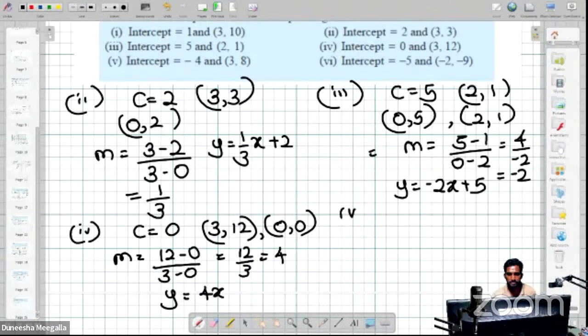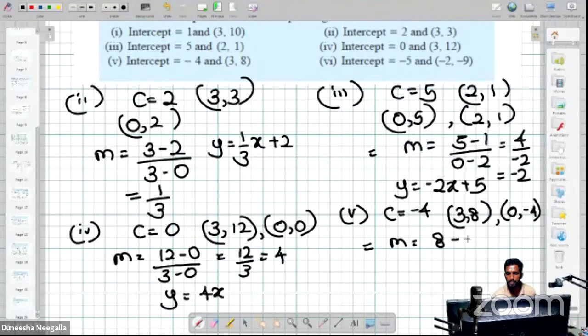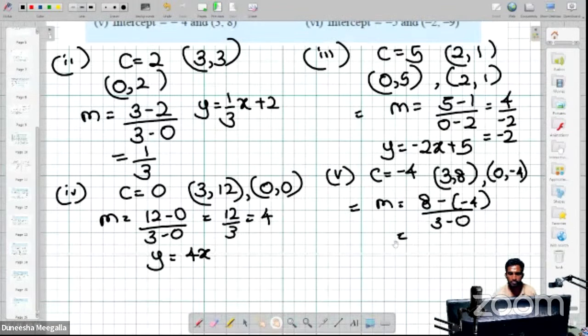Fifth one: c is minus 4, and the point is (3, 8), with (0, minus 4). m is 8 minus minus 4 over 3 minus 0, twelve divided by 3, it's 4. y equals 4x minus 4.